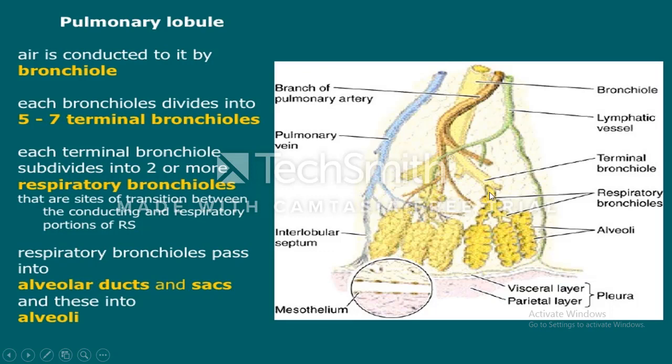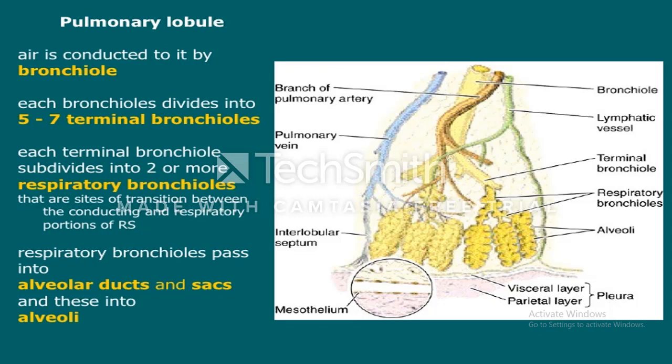And go to the respiratory bronchiole. The respiratory bronchiole joins the alveolar duct. These ducts open to the alveolar duct. This respiratory bronchiole has mucosa, covered by simple cuboidal epithelium and Clara cells, and supported by lamina propria and muscle.